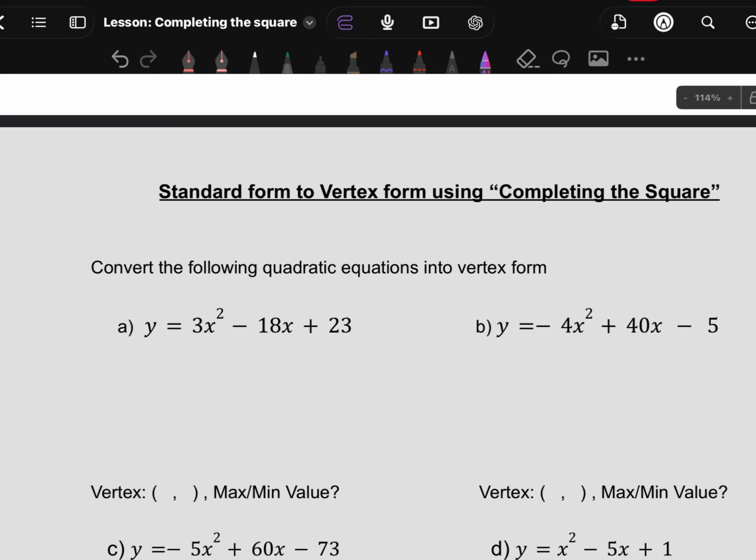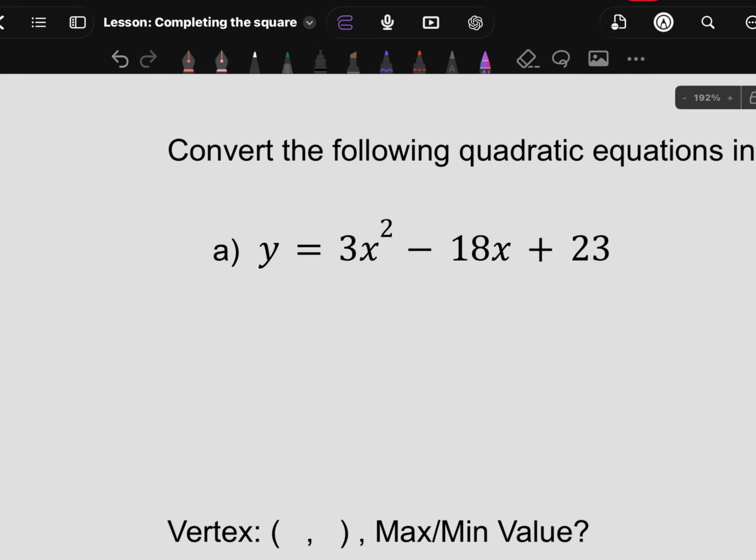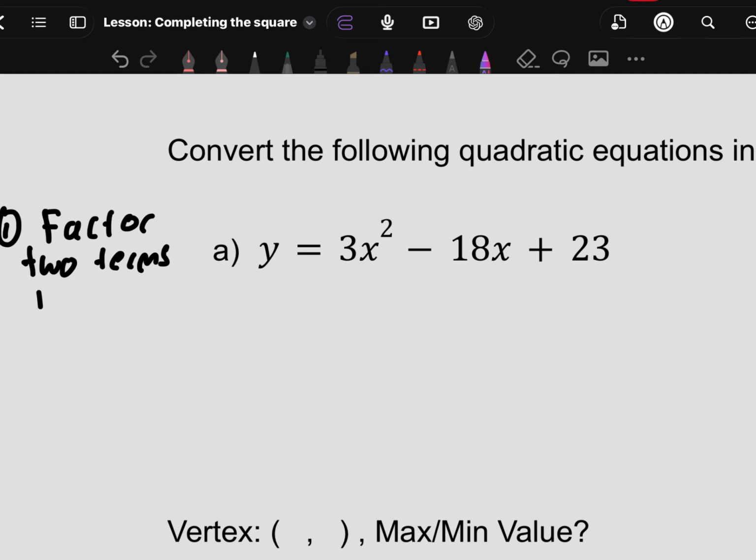Now, let's get on to some quick examples of how to complete the square. Our first step, which you must always do, is to factor the first two terms by the coefficient of term 1.